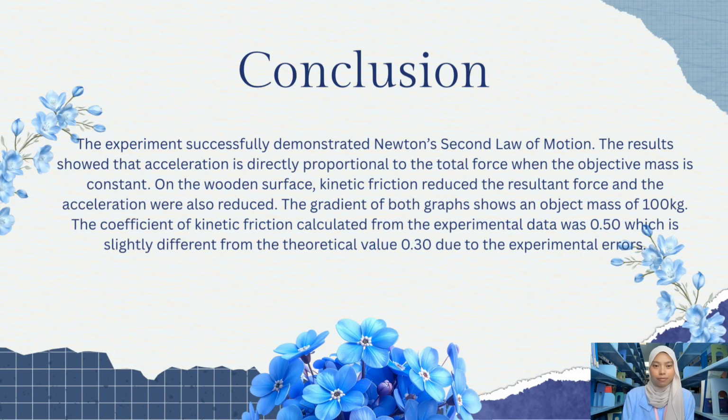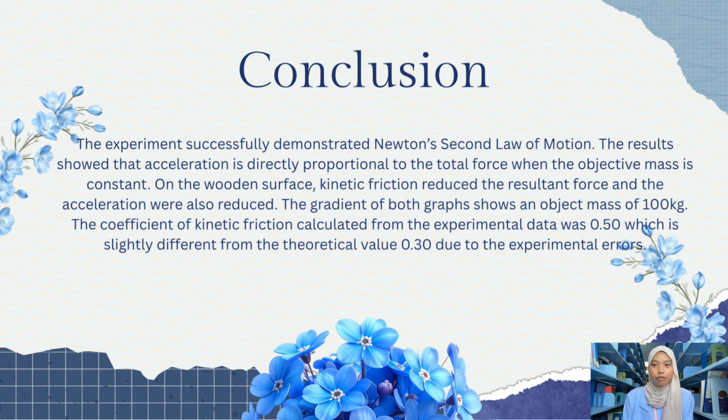In conclusion, the experiment successfully demonstrated Newton's second law of motion. The results show that acceleration is directly proportional to the total force when the object's mass is constant. On the wooden surface, kinetic friction reduced the resultant force and the acceleration was also reduced.